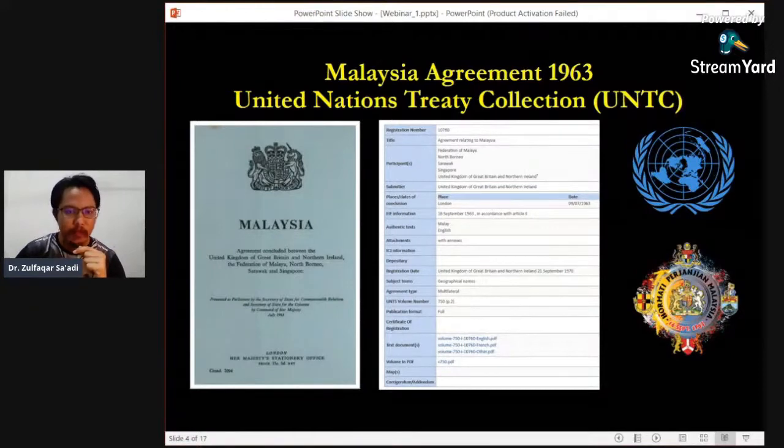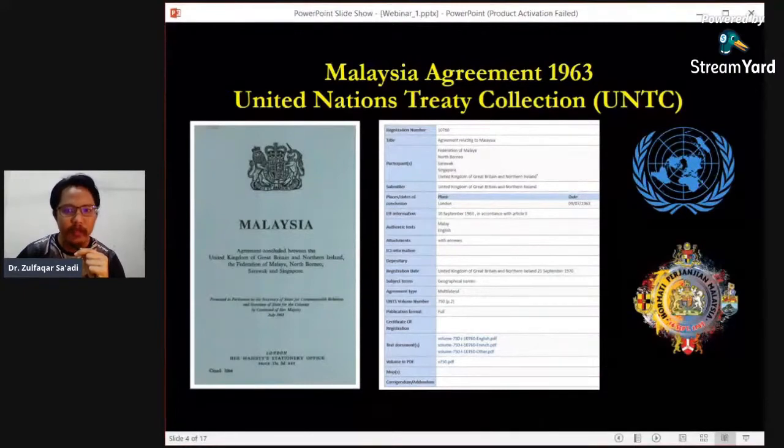The participants of the Malaysia Agreement are the Federation of Malaya, North Borneo, Sarawak, Singapore, and the United Kingdom of Great Britain and Northern Ireland. It was submitted by the United Kingdom to the United Nations on 21st September 1970. This Malaysia Agreement was signed in London on 9 July 1963. We all must remember this date.